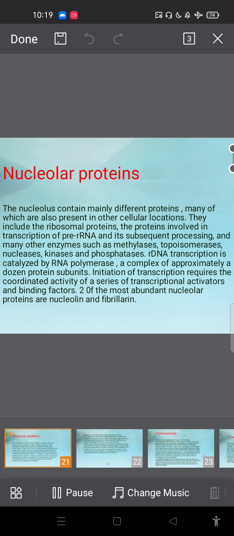Initiation of transcription requires the coordinated activity of a series of transcriptional activators and binding factors. Two of the most abundant nucleolar proteins are nucleolin and fibrillarin.